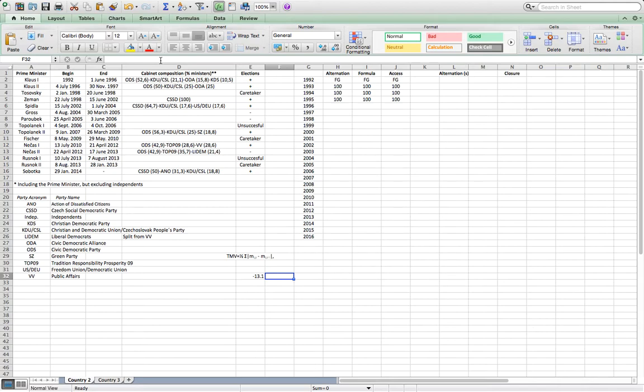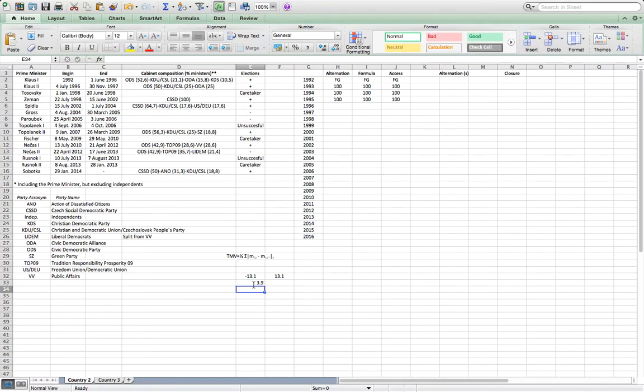And we know that we need to have absolute values, so we can already convert it in the column next to it. The second party that we need to compare is the Christian Democratic Party, KDU, that in 1996 got 25% of ministers against 21.1 in 1992.